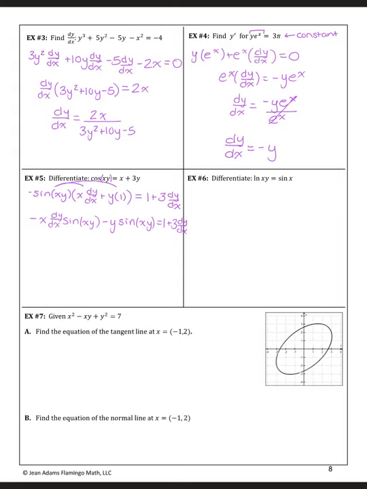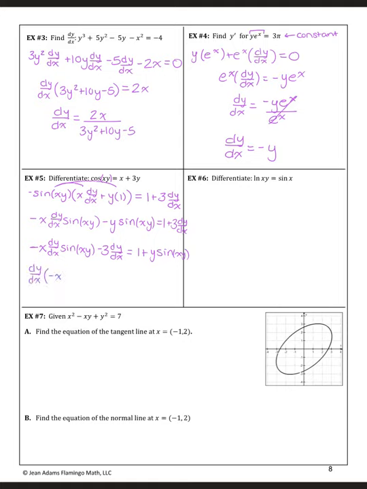So now I'm going to get all of my dy/dx's on one side and everything else on the other. So I have negative x sine of xy dy/dx minus 3 dy/dx is equal to 1 plus y sine of xy. Factor out your dy/dx.